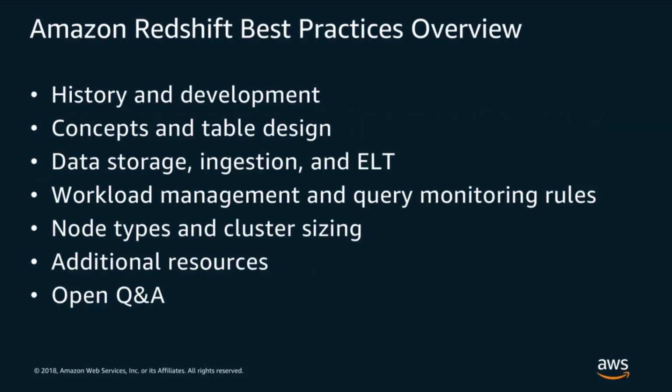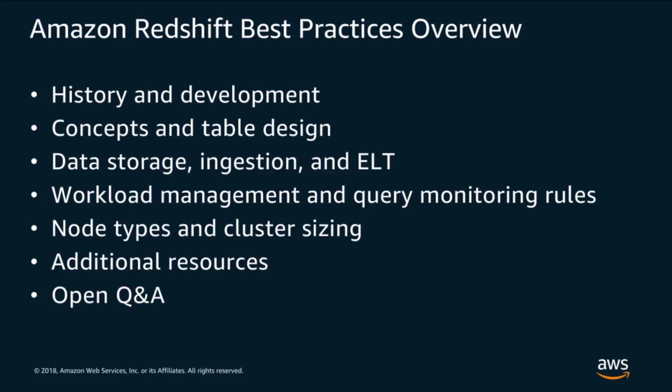Just to cover the overview of what we're going to be covering, we're going to start out with the history and development of Redshift, where Redshift came from. After that, we're going to build up some concepts, some Redshift-specific terminology, so you can understand the rest of the webinar and build up that framework. We're then going to jump into some table design, ingestion, and ELT best practices.